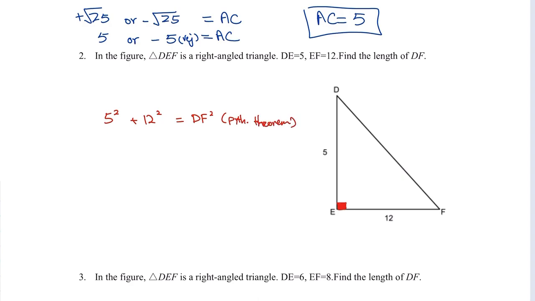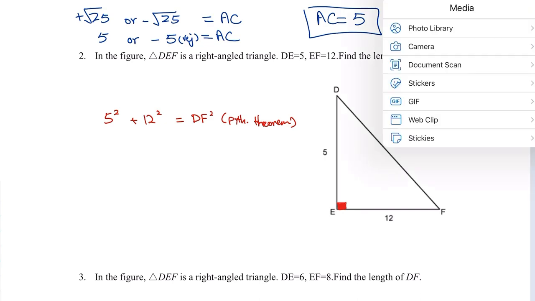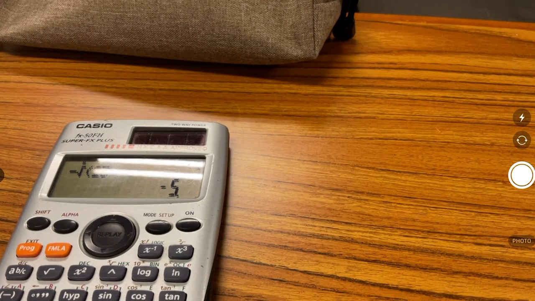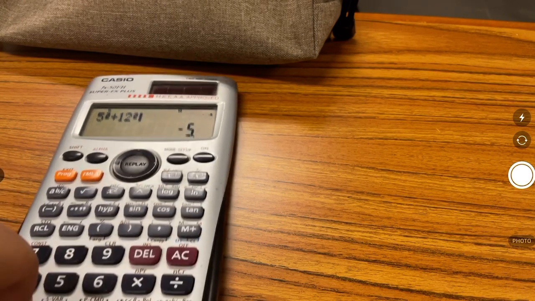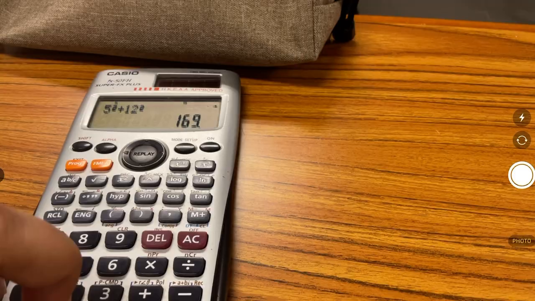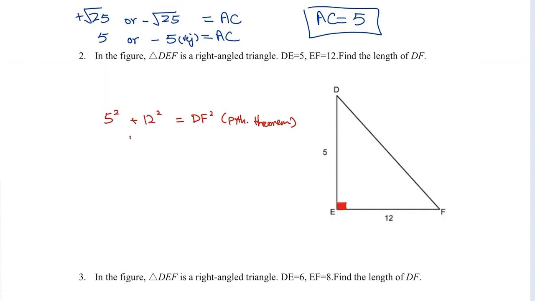Can you click it in the calculator? 5 square plus 12 square, you can get 169. So I have 169 here equals DF square. And if I don't need that square, you will have to square root it, positive and negative.